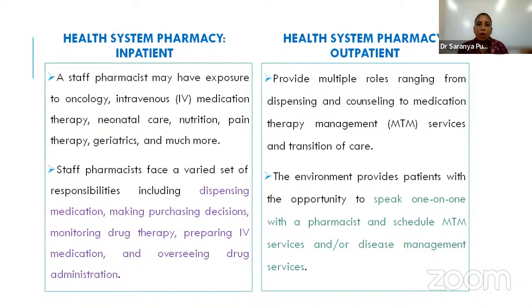In outpatients, the health system pharmacists provide multiple roles ranging from dispensing to counseling and medication therapy management services. In this environment, there is a one-to-one opportunity to speak with the patient, and the pharmacist could schedule medication therapy management services or disease management services. So that is with the health system pharmacy.